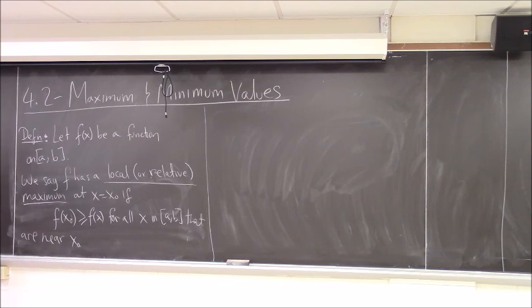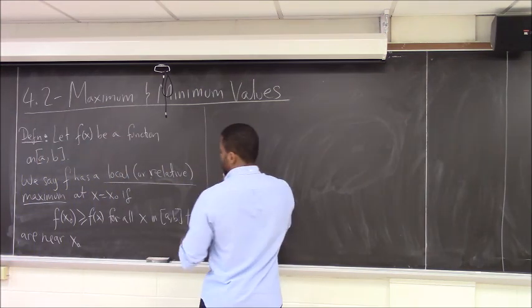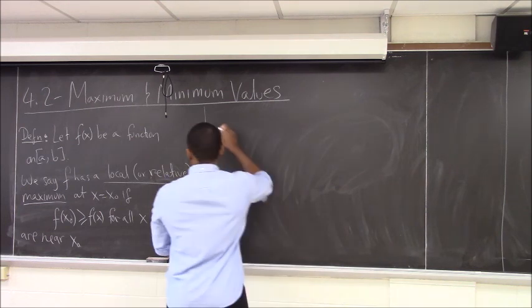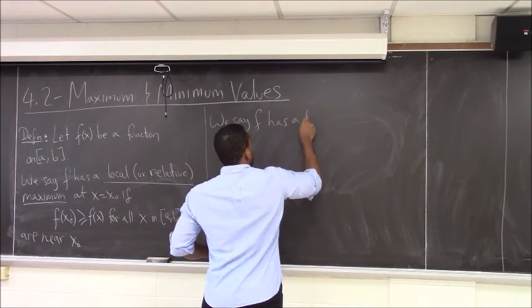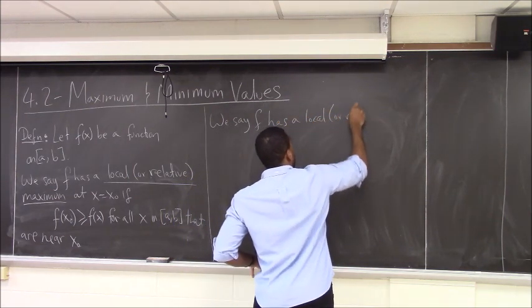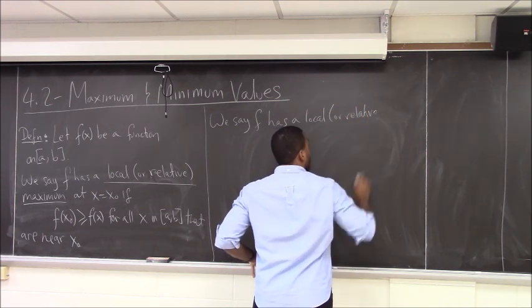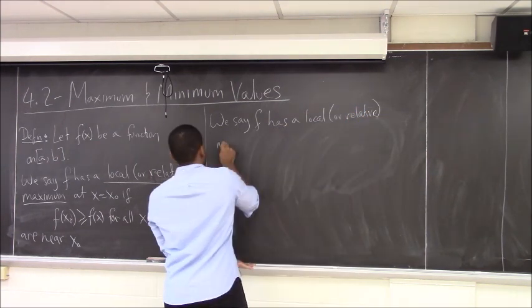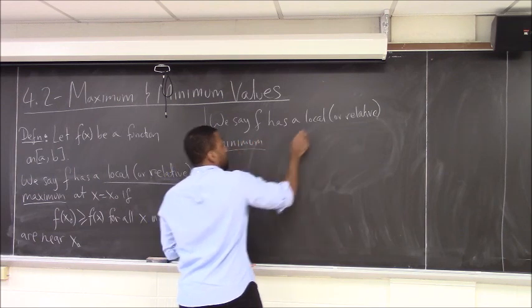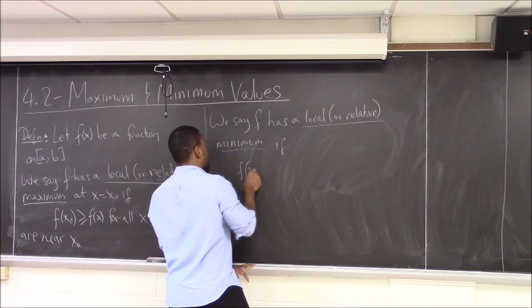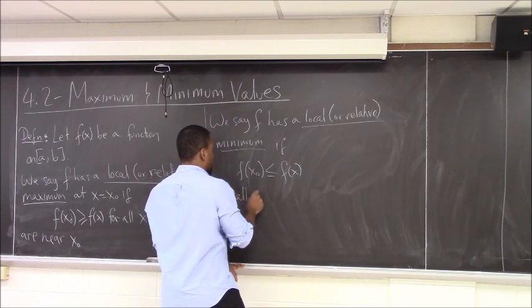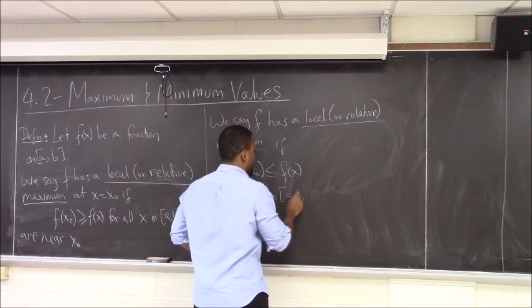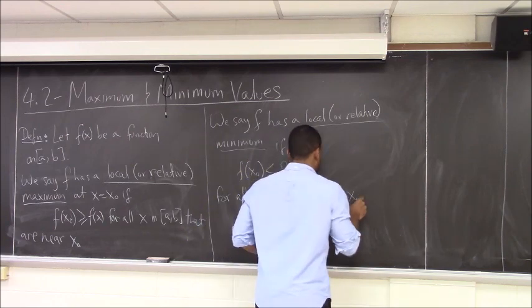So if it's the biggest guy in his small little world, he's called a local maximum. Similarly, if he's the smallest guy in his little world, then he's the relative minimum. That's local.